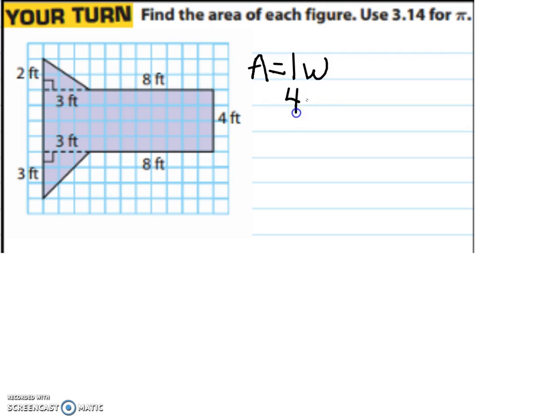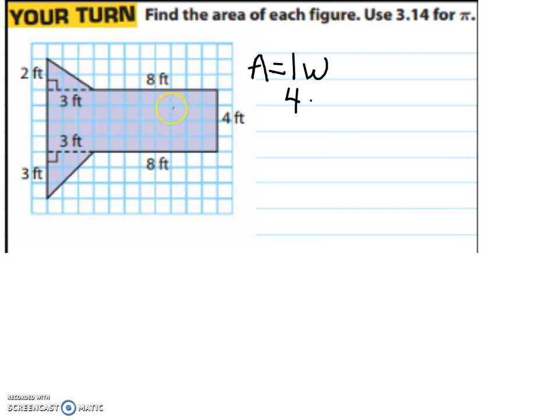My width is 4, and my entire length is 8 plus 3, which is 11. Because right here we have 8, 1, 2, 3, 4, 5, 6, 7, 8, but then 9, 10, 11. So 4 times 11 is 44 feet squared.